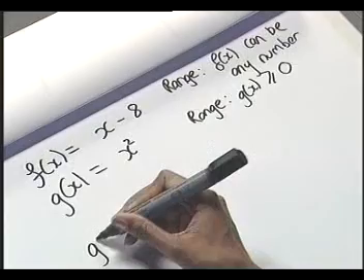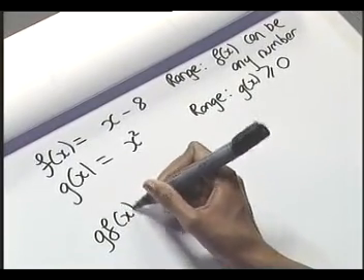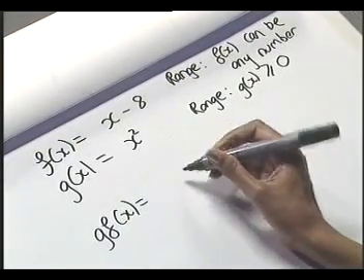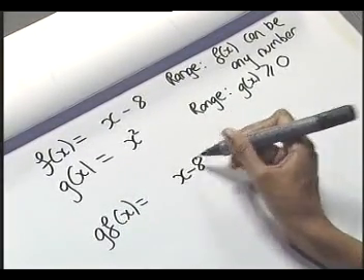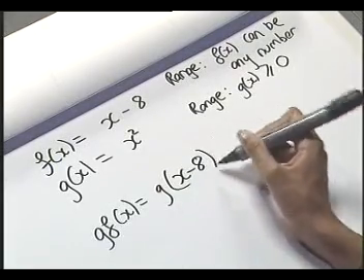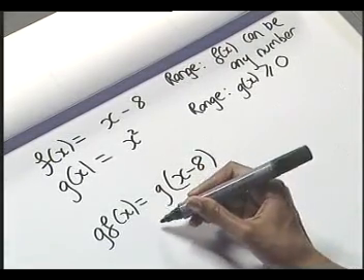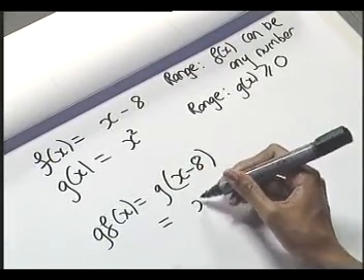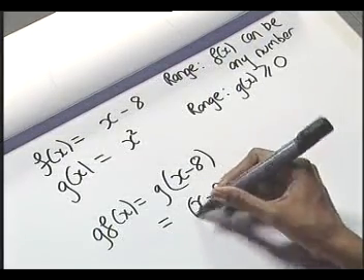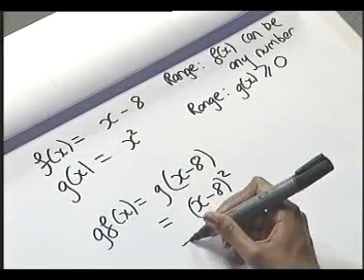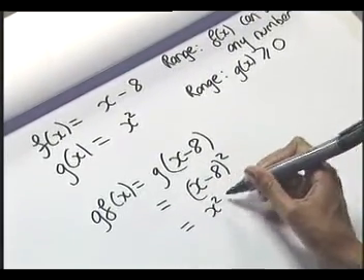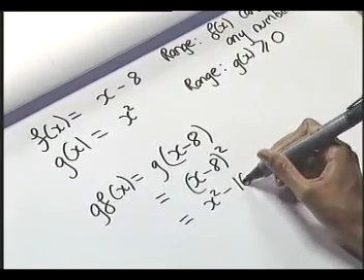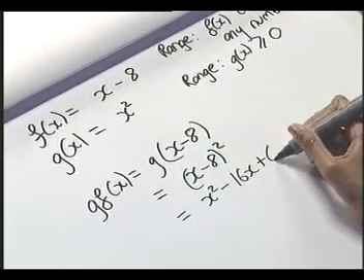Now let's look at the range of the composed function g f. g f of x is, well, f of x is x minus 8, and g squares it, so g f of x is x minus 8 squared, which is x squared minus 16x plus 64.